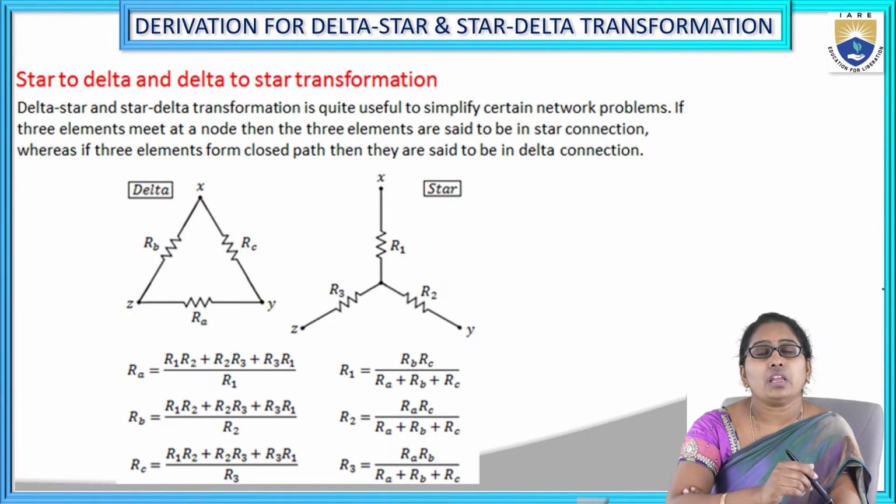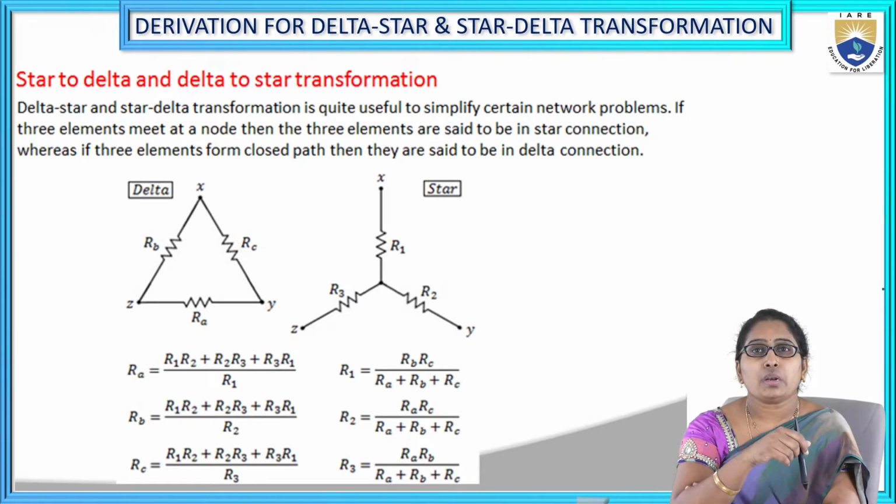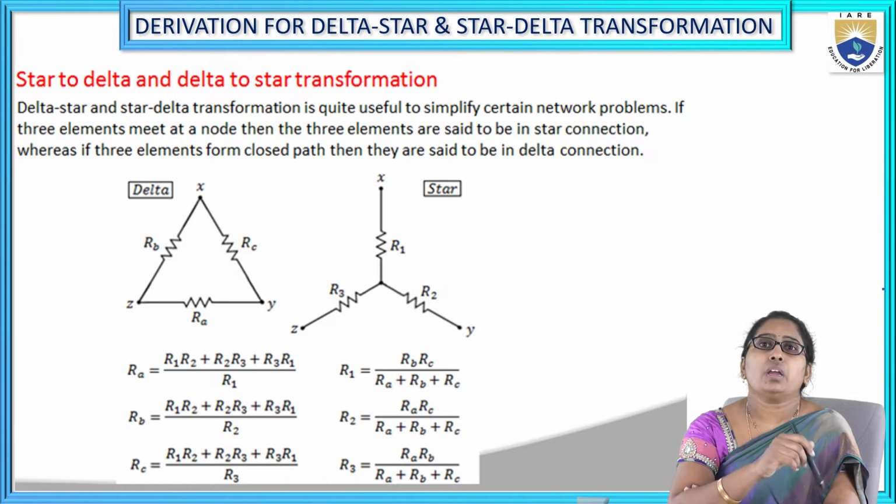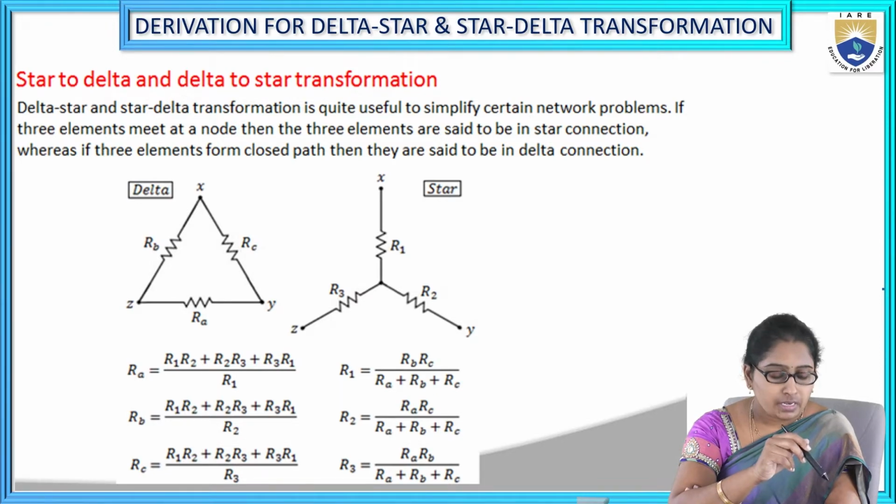So for RA, according to the delta and star networks shown here, the expression of delta element RA in terms of star elements is R1R2 plus R2R3 plus R3R1 over R1. Then similarly, the expressions for elements RB and RC are also written.